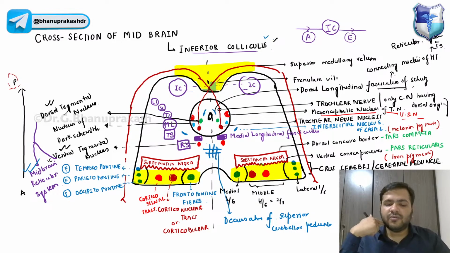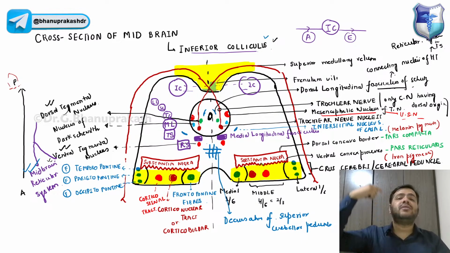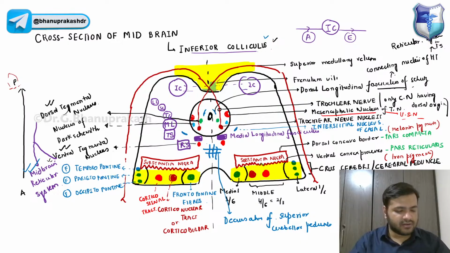Now guys, you already know that the inferior colliculi will also connect to each other, and the inferior colliculus will also connect to the superior colliculus above. The inferior colliculi connect to each other, with fibers moving from right to left and left to right.